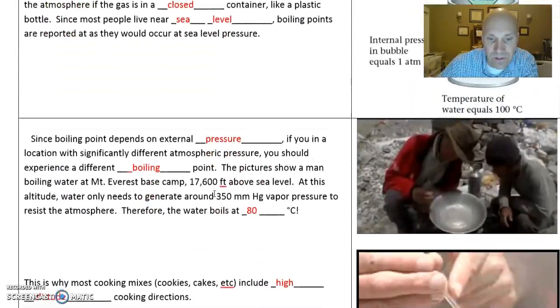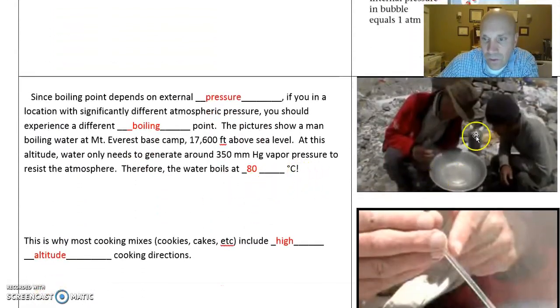And that's what this video shows. When you're trying to boil a liquid at that elevation, boiling occurs at a significantly lower temperature. This water is boiling at about 80 degrees. This is why most cooking mixes, anything that's got Betty Crocker or Duncan Hines on the outside of it, will have instructions for high altitude cooking.